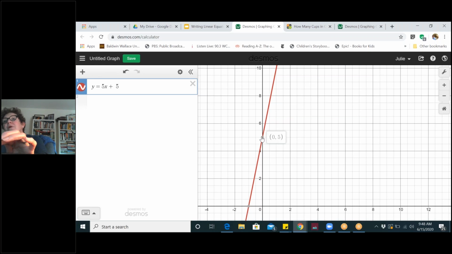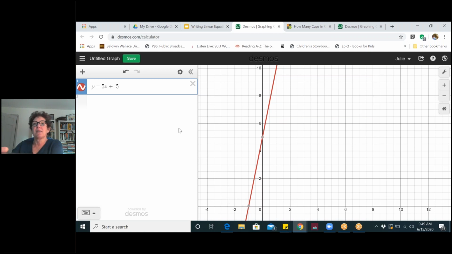So it's where the line crosses the y-axis, and look, here's x equals 0. So when x is 0, that point is the y-intercept. Look here, y equals 0. That tells me that's the x-intercept. So those are two critical points for many cases when we're using a linear equation.